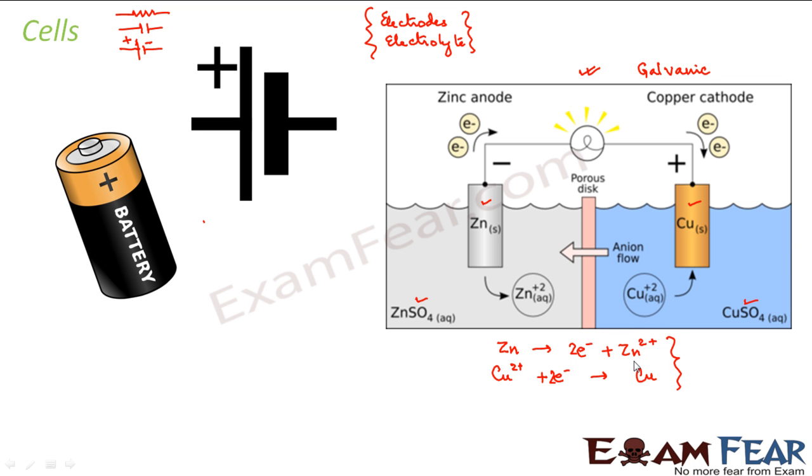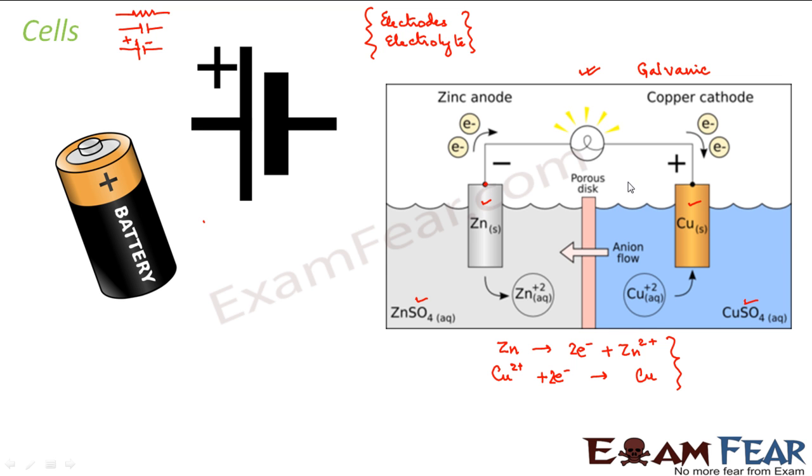Now this tendency results in what? As a result of this tendency, this zinc will lose electrons and become zinc ion, as you can see here. As soon as it becomes zinc ion, it comes out of this electrode. Zinc will keep losing electrons, and what will happen to those electrons?